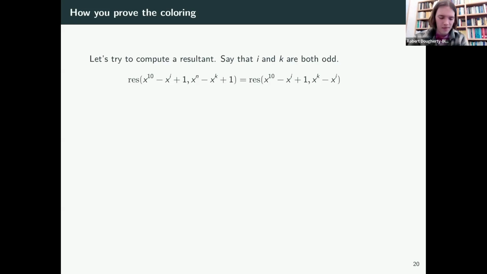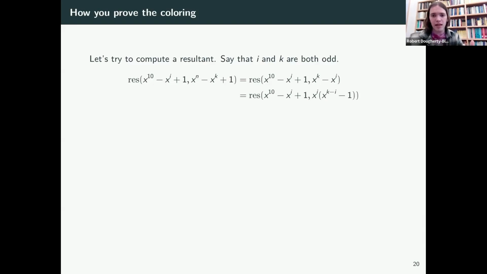So you do one step of Euclidean division on these polynomials, and this resultant becomes a difference. It's the resultant of our first trinomial with a binomial, the difference of just 2 terms. Then what you do is you factor out one of the terms from the binomial, and another nice fact about resultants is that they distribute over multiplication, over polynomial factorization.